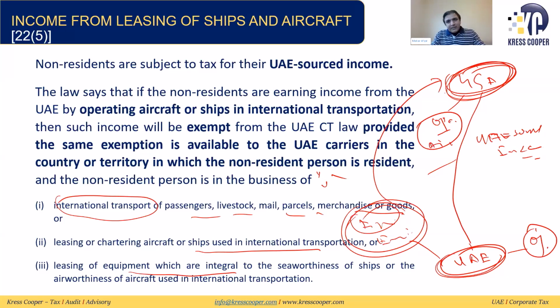If the non-resident person is doing any of this business and the same privileges are available to the UAE carriers of ships and aircraft in the respective jurisdiction, then the UAE sourced income of that non-resident person will not be subject to corporate tax as well.